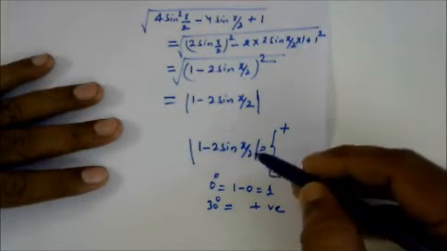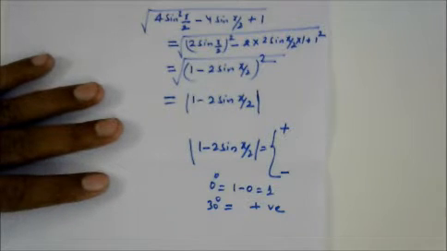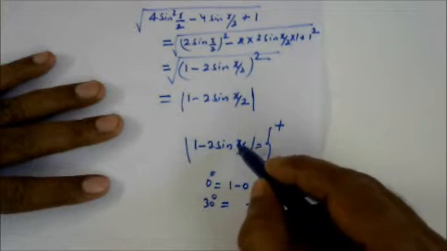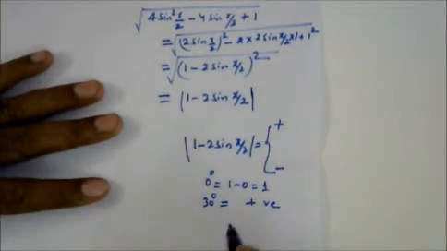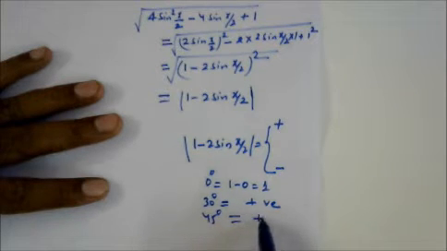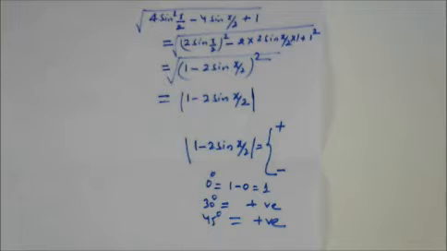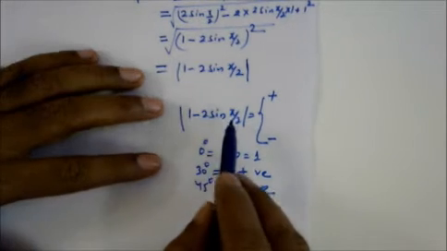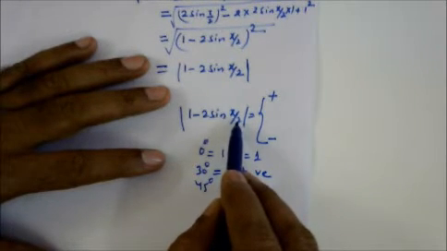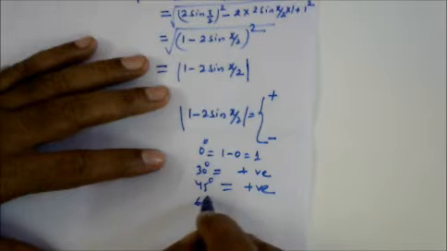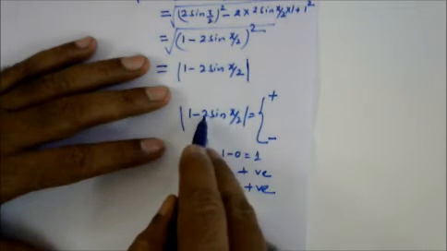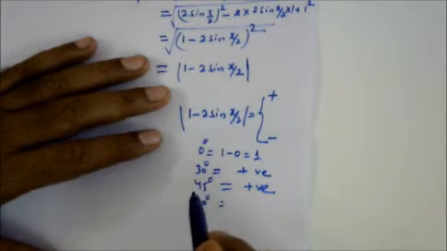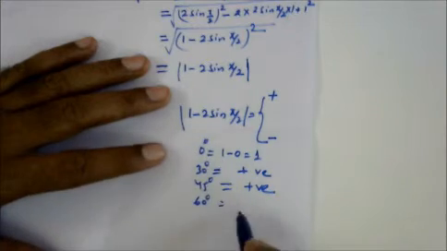So 45 degree is 0.707, 22 and a half degree is lesser, so this also will be positive. 45 degree also will be positive. Then further, if we go for 60 degree, 60 divided by 2 gives 30 degree, and sin 30 degree is 1 by 2, so the 1 by 2 and 2 get cancelled, so it becomes 0. So that is also positive only.